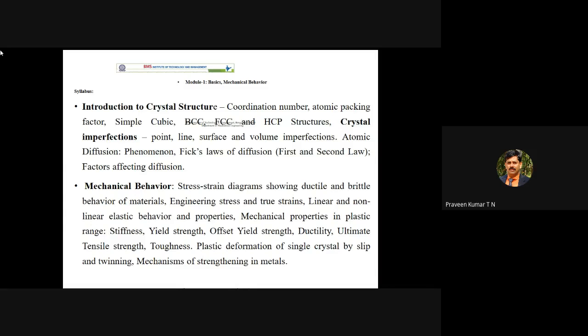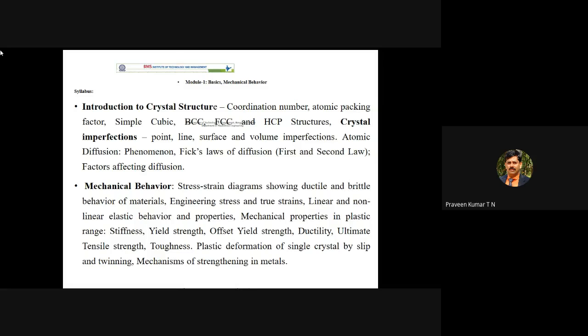But the original dimension, before conducting the test, we can find using a vernier caliper or micrometer. But the changing dimension when you apply the load, it is very difficult to mount any strain gauges or measuring devices. That's why in most cases you go only for engineering stress, and even for strain also.